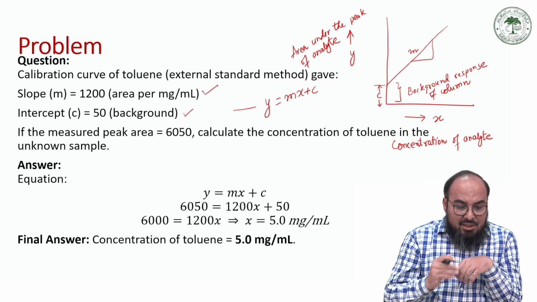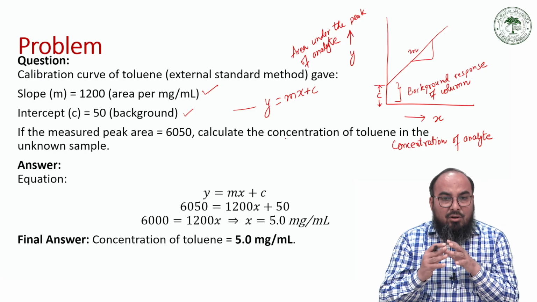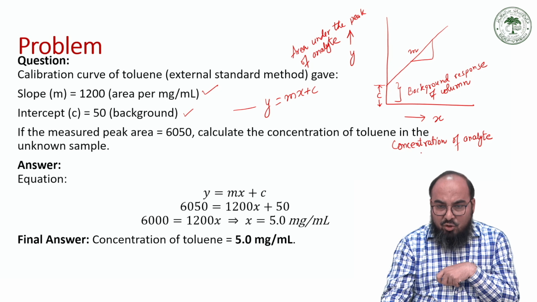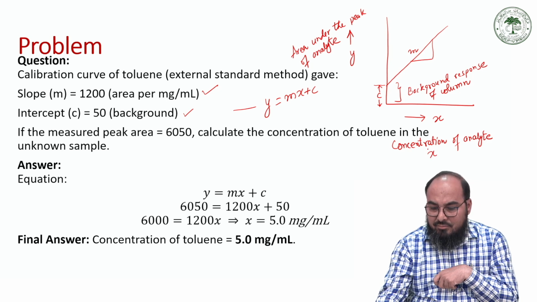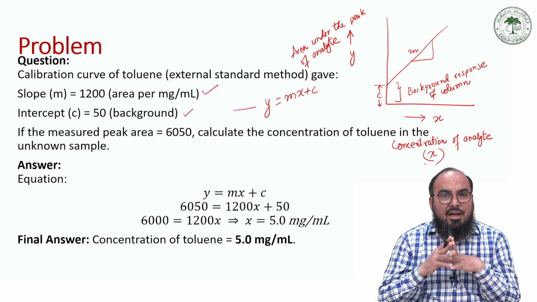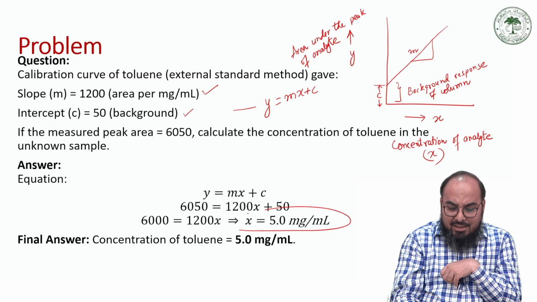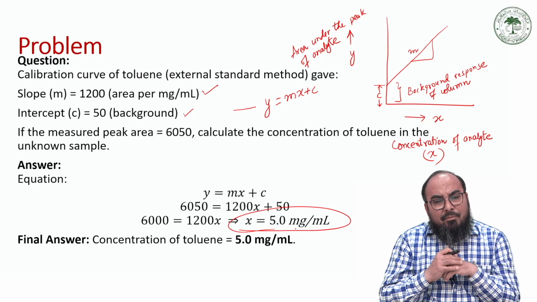So you just put all these things here because you have to calculate the concentration of toluene. So you have to calculate X here. That is the concentration. Here it is toluene. So you just put all these things here and you get X equal to 5 milligram per ml.